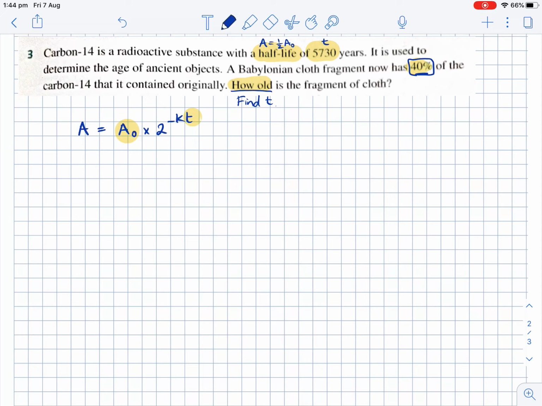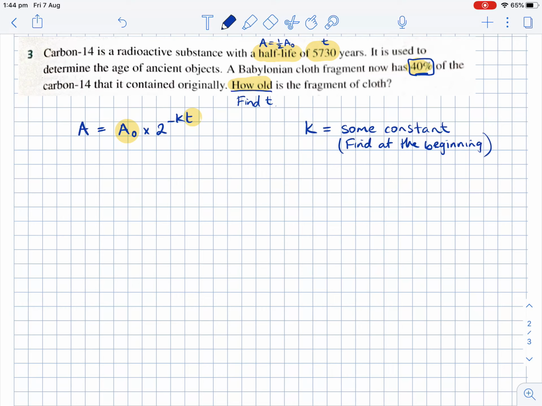What you need to remember is that k is just equal to some constant. We don't know what that constant value is, and it'll change depending on the substance. So this is usually something that we have to find at the beginning. And that's where I'm going to start this question.